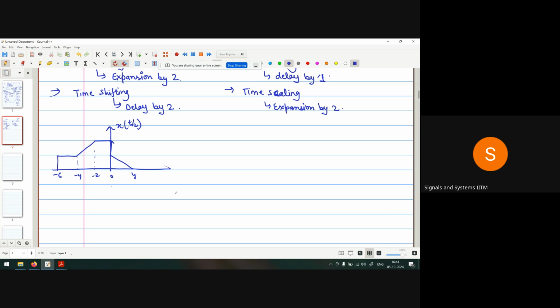Now shift this signal by 2. So -6 becomes -4, -4 becomes -2, -2 becomes 0, 0 becomes 2, and 4 becomes 6. So this is x of t by 2 minus 1.